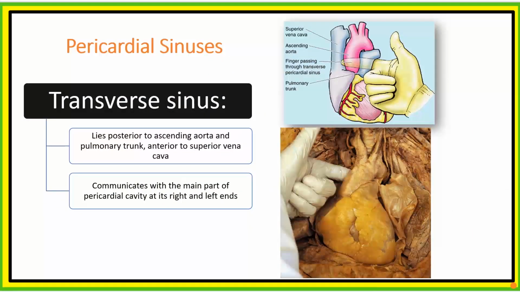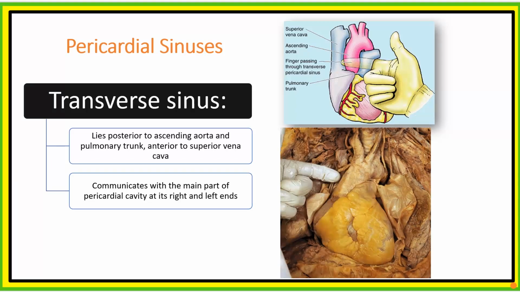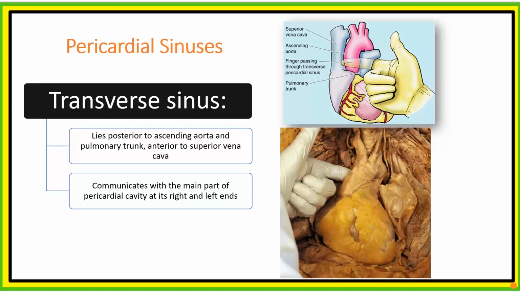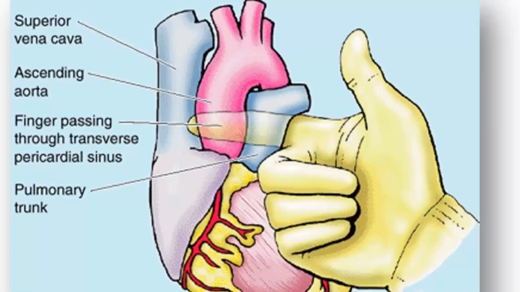We're going to start with the transverse sinus. Now, the transverse sinus is the space that lies posterior to the ascending aorta and pulmonary trunk, but anterior to the superior vena cava. Here is the region of the transverse sinus.